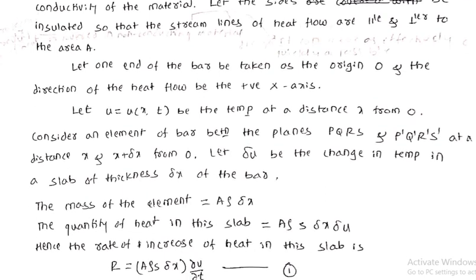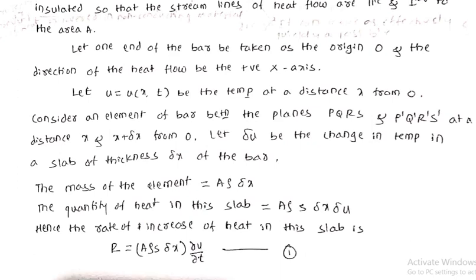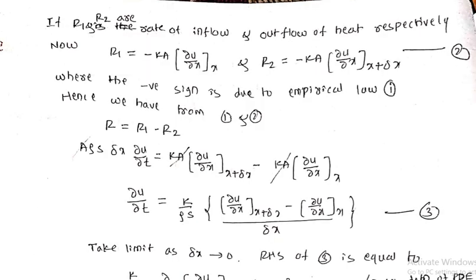The mass of the element is A rho delta x, and the quantity of heat in this slab is A rho S delta x into delta U. Therefore, the rate of increase of heat in this slab is R equals A rho S delta x dou U by dou t. Say this is equation number 1. Here R1 and R2 denote the rate of flow of heat into and out of the bar.